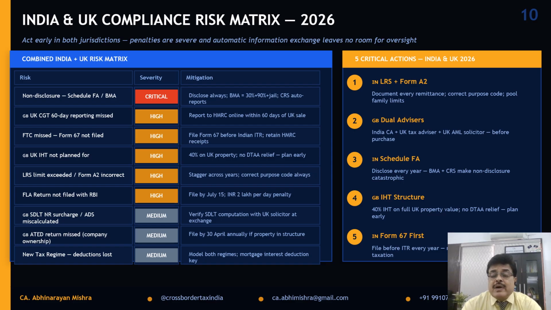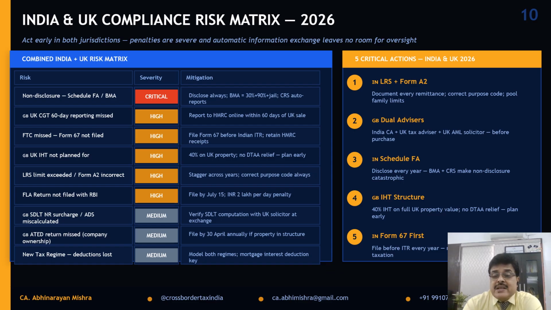So, 5 action points I have mentioned. First is LRS plus Form A2: document every remittance, correct purpose code, full family limits. Appoint dual advisors, India CA plus UK tax advisor plus UK AML solicitor, before you purchase. Disclose every year, plus CRS makes non-disclosure catastrophic.